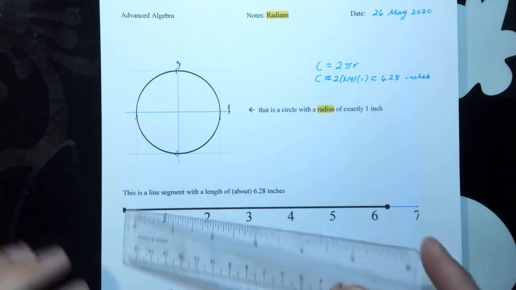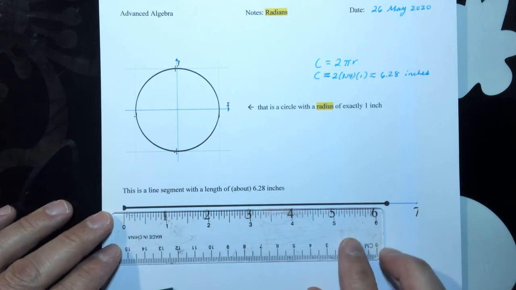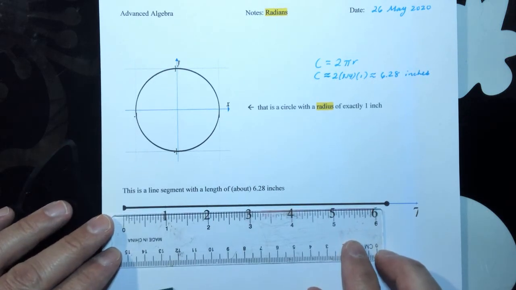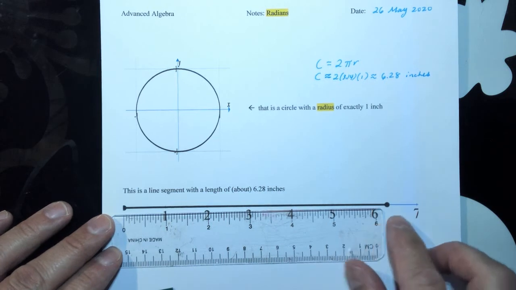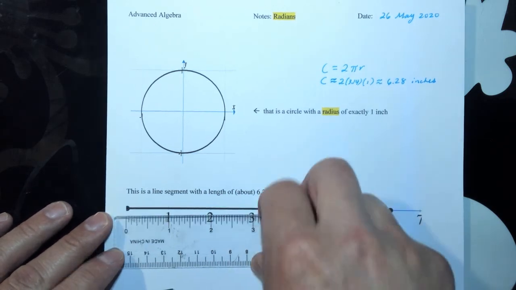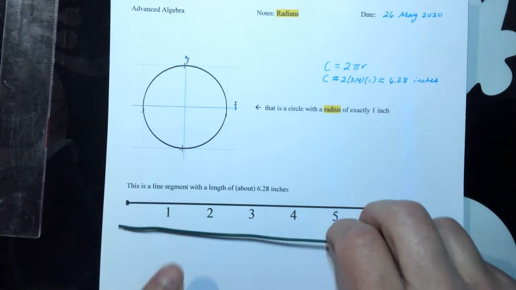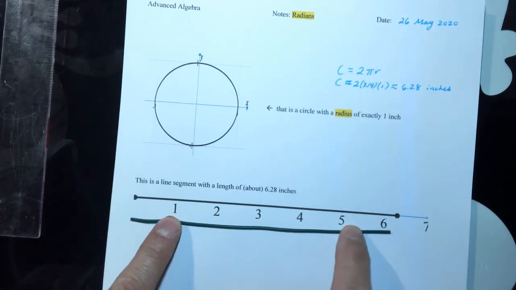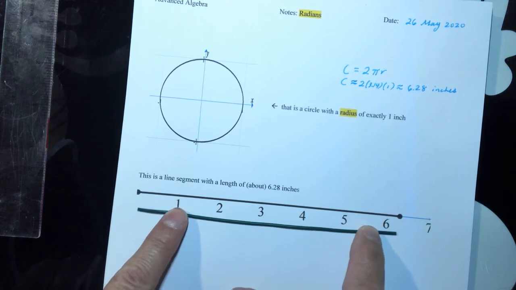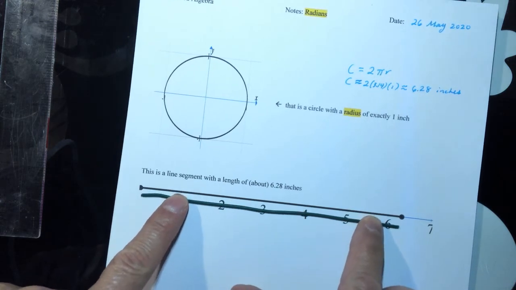That also took me a long time to figure out how to do. So 6 inches there and a little bit past 6. This is 6.28 inches long. See? Pretty close.